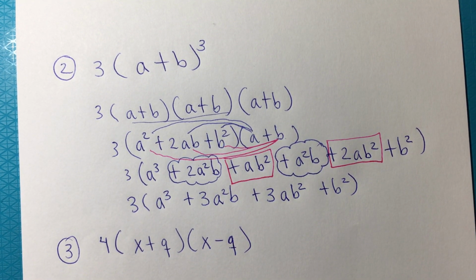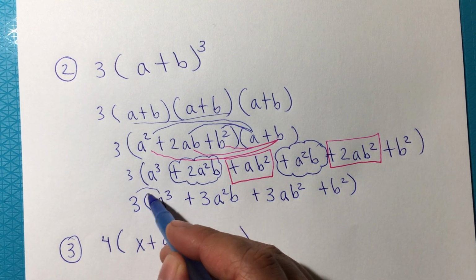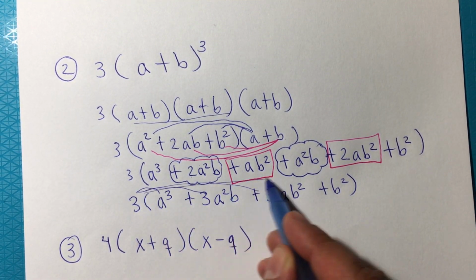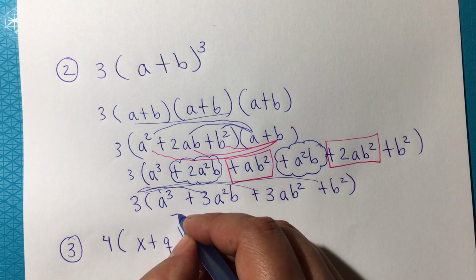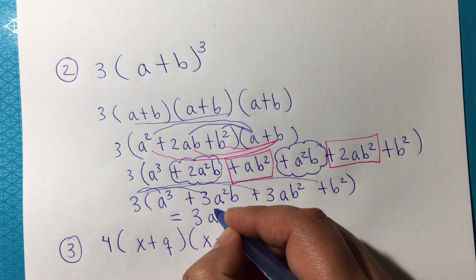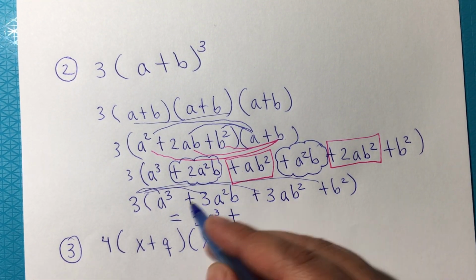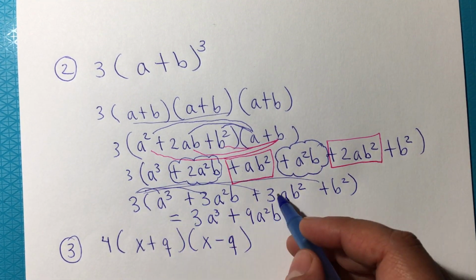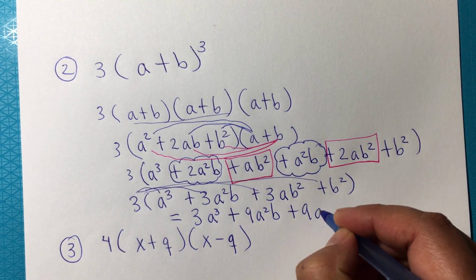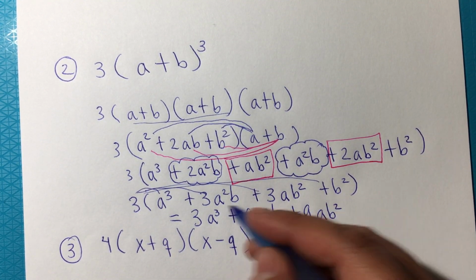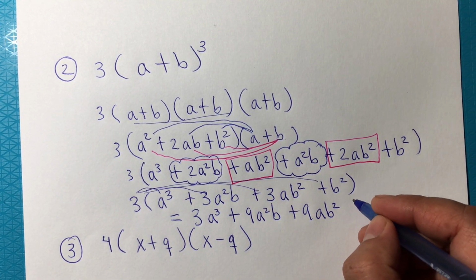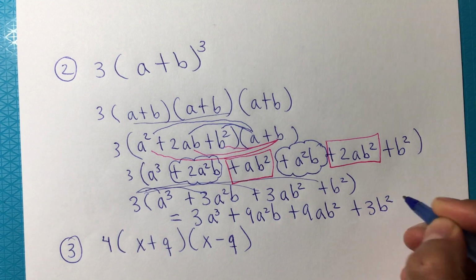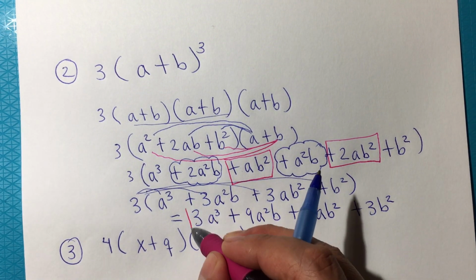Finally, and it's barely going to fit, I multiply the 3 times every single term in here, and the final answer will be 3a cubed plus 3 times 3 is 9a squared b. 3 times 3 is 9ab squared, and 3 times b squared is 3b squared. So that's my final answer.